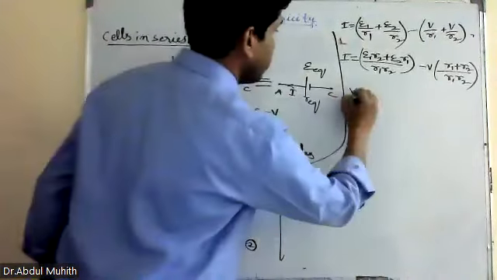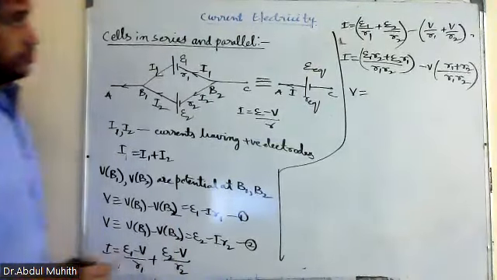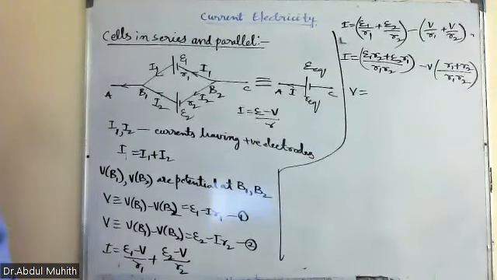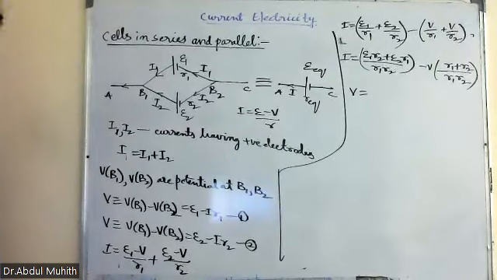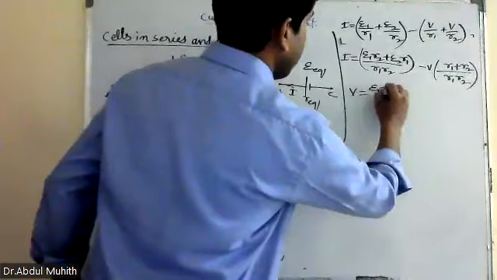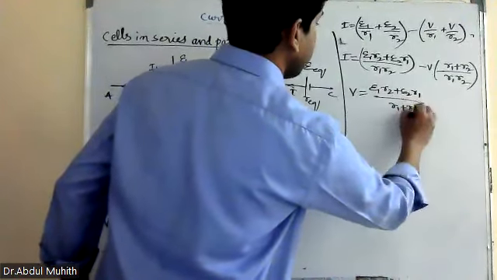V is equal to what now? V is equal to E1 R2 plus E2 R1 divided by R1 plus R2.